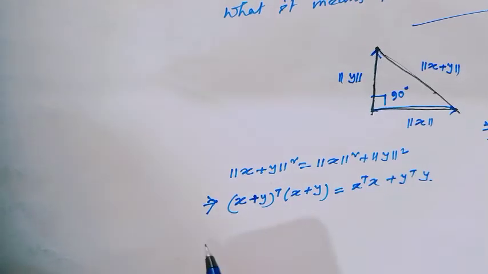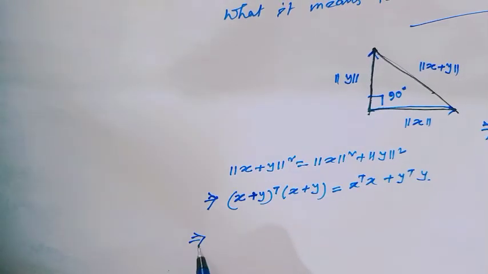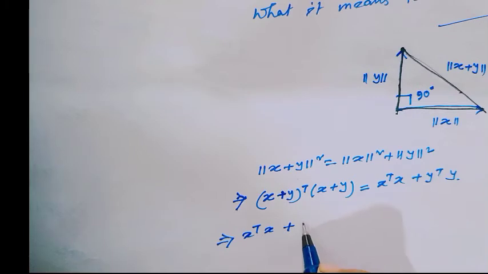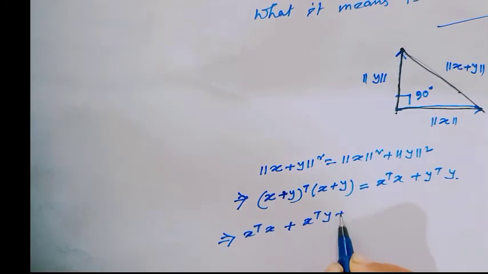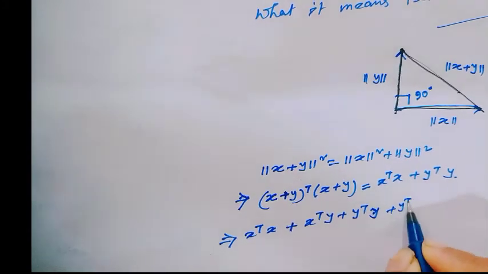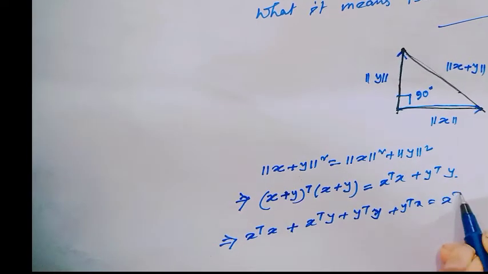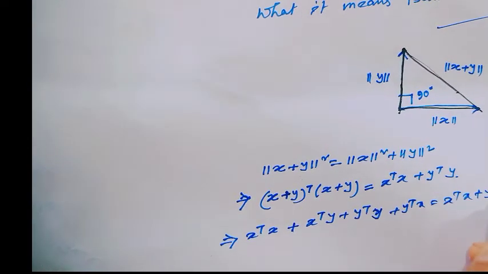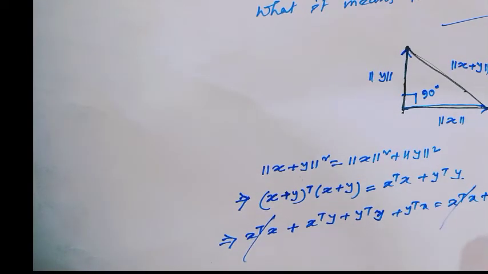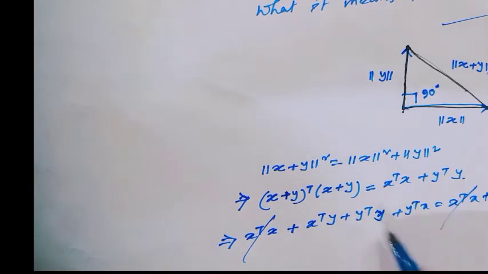Now apply the distributive law: this would be x transpose x plus x transpose y plus y transpose y plus y transpose x, which is equal to x transpose x plus y transpose y. Just omit this part.